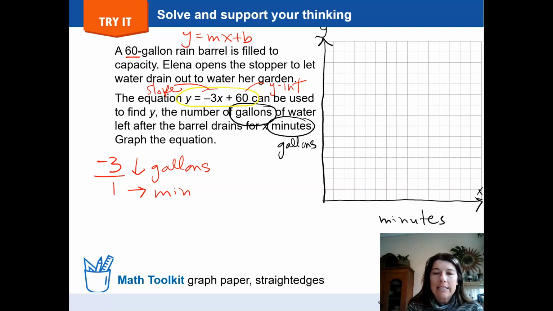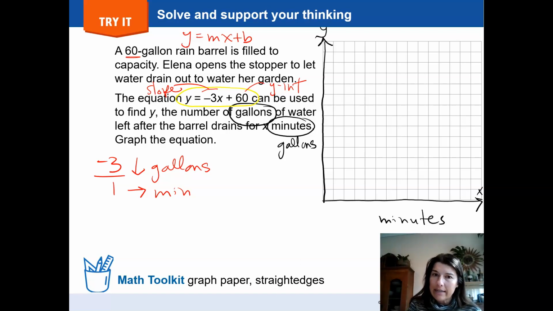All right, let's set up our scale. So what are we going to count by? Let's leave minutes alone for a minute and focus on gallons. It's going to start up at 60. So if I want 60 to be at the very top, how many lines do we have? 1, 2, 3, 4, 5, 6, 7, 8, 9, 10, 11, 12, 13, 14. What if we counted by something friendly like 5?